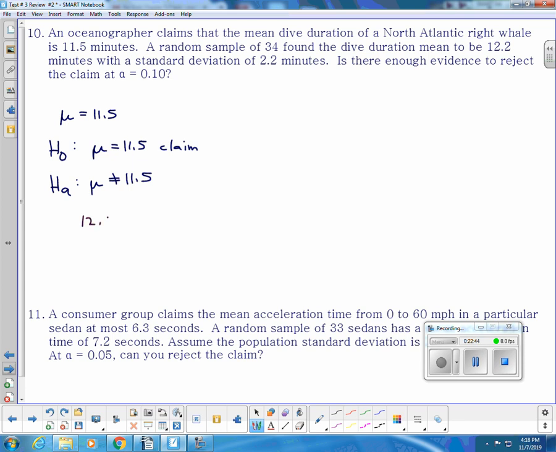So 12.2 minus 11.5. Again, it's always the sample mean minus the hypothesized mean divided by the standard deviation over the square root of 34. Now, this is equal to 1.86.